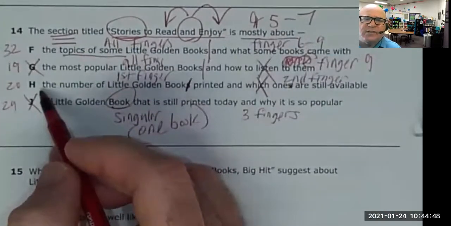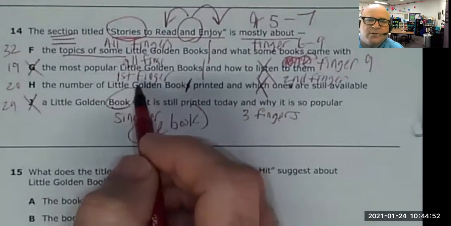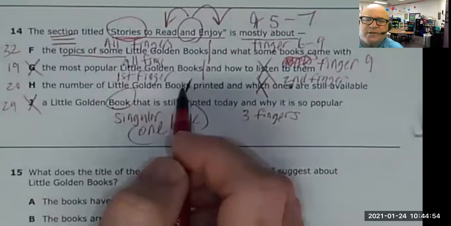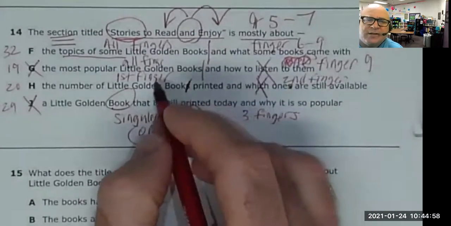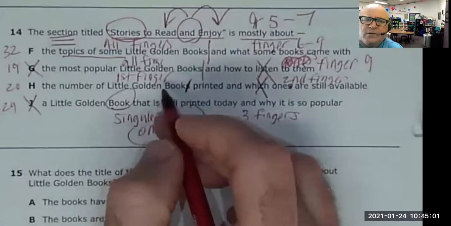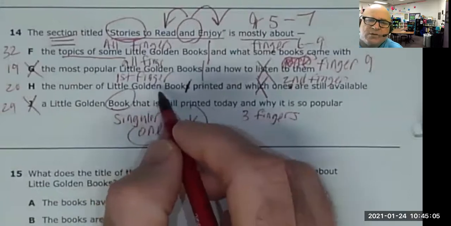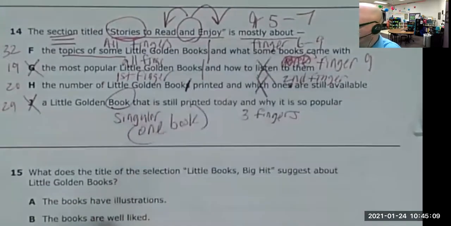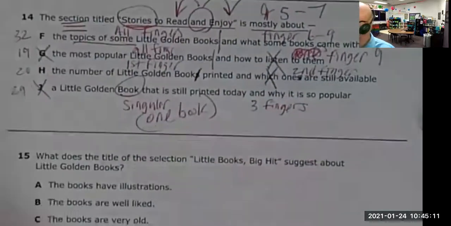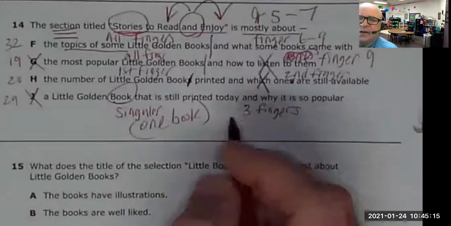Okay. Letter H says the title of the little golden, the number of little golden books printed and which ones are still available. Well, that was only mentioned in the first section. They only told us about how many books were printed of that first book, the one that was called the Pokey Little Puppy.